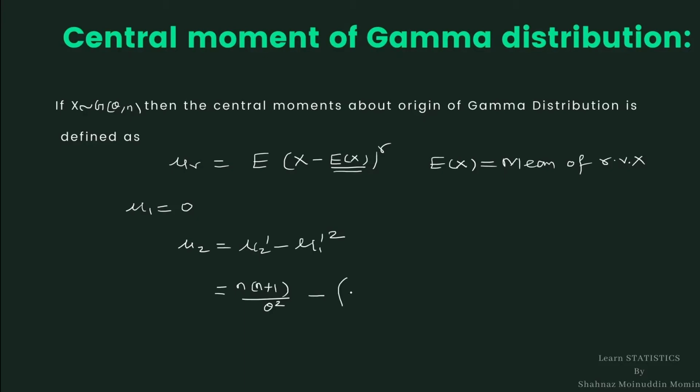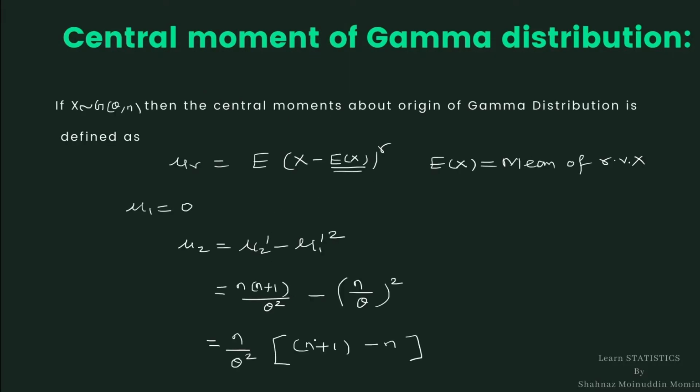Similarly, by putting the first raw moment about origin, which is n by theta, bracket square, I am taking n upon theta square common, then it is n plus 1 minus n.